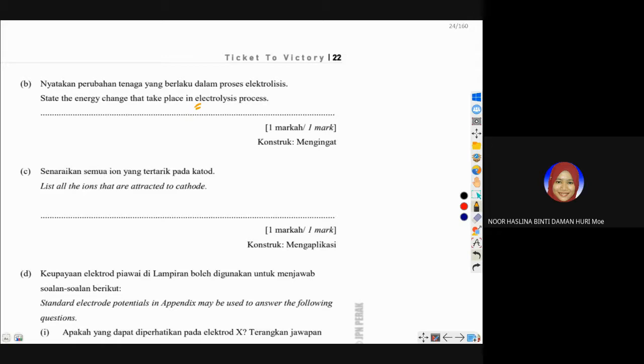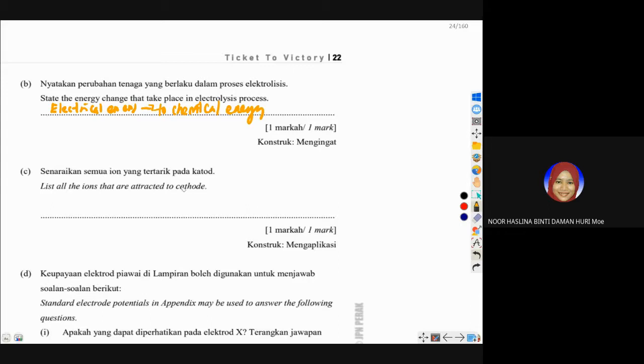So the energy change is from electrical energy to, okay, chemical energy. Okay, sama ada buat an arrow ataupun you tulis to chemical energy. Okay, chemical energy. So chemical cell from the chemical energy to electrical energy. Okay, that is about the change in the energy.